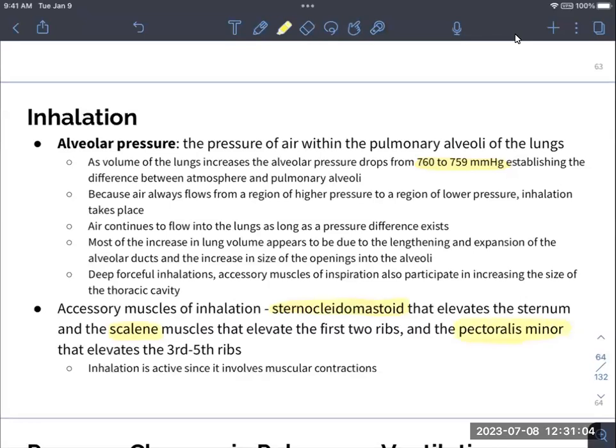That sternocleidomastoid lifts that sternum. Those scalenes lift those first two ribs because that's their insertion points, and muscles move at their insertion points, which are the movable parts. Pectoralis minor is attached to those third through fifth ribs in the front, so it's going to pull those ribs up in the front even.